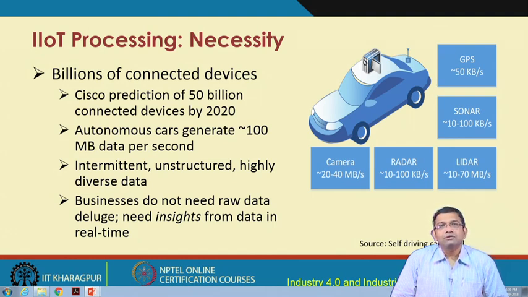LIDAR 10 to 70 Mbps, radar 10 to 100 kbps, cameras 20 to 40 Mbps and so on. So, as we can see, individual components of these autonomous cars are going to throw in a lot of data at huge rates. You have to deal with this kind of data, and in order to get proper meaning out of the data that is collected, there has to be some kind of processing engine that is going to be executed, and that will derive the meaning out of the data that are collected and received.